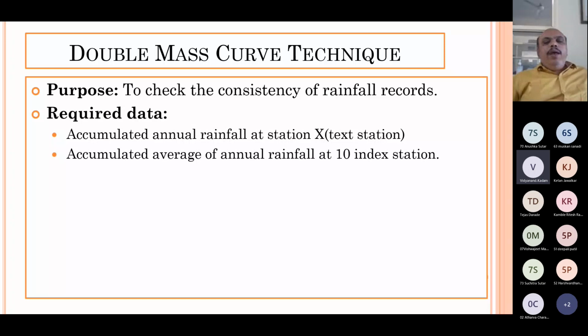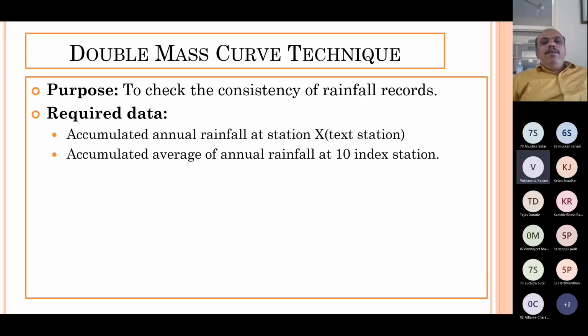What data is required to prepare this graph? To prepare a double mass curve, we need accumulated annual rainfall values at station X. Station X is a test station for which we have to check consistency.